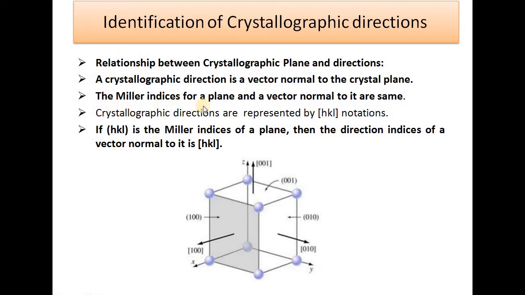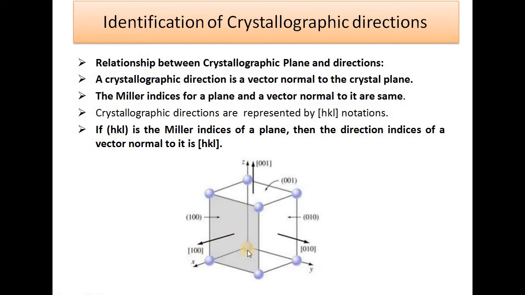So the Miller indices for a plane and a vector normal to it will be the same. For example, if we know the Miller indices of a plane, then the direction indices of a vector normal to it will have the same Miller indices.